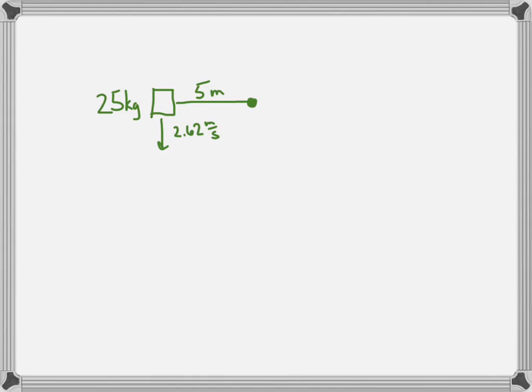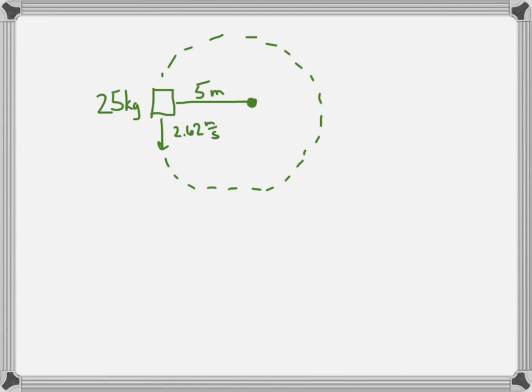So this sled is going to go around in a circle. This is a bad-looking circle. All right. So that's the path that our sled is going to make. And we want to know what force is required in order to achieve this uniform circular motion.